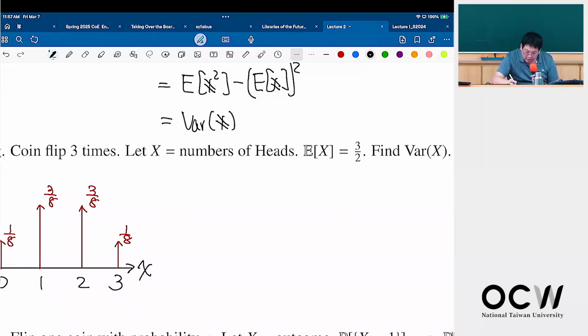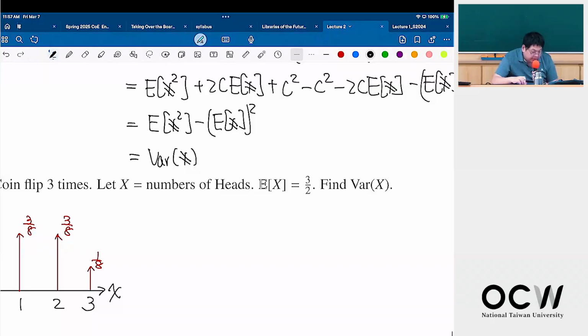Because the variance is the second moment minus the first moment squared, and we know the first moment, which is the mean, now we need to find the second moment, the expectation of x squared. That means considering all possible outcomes squared times their corresponding weightings, the PMF of x.